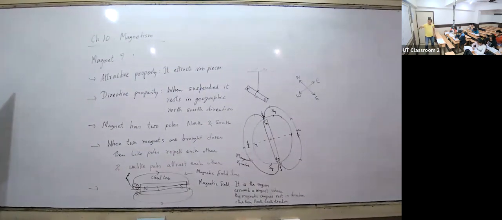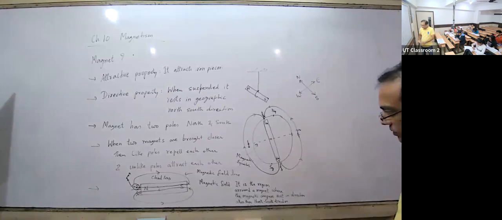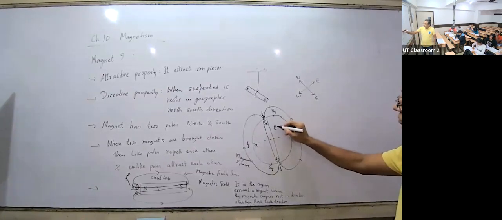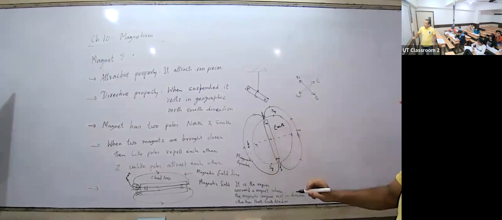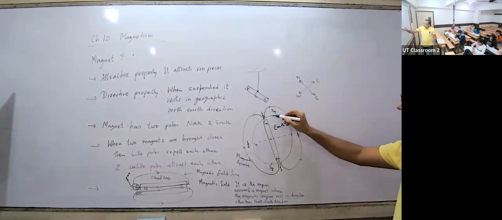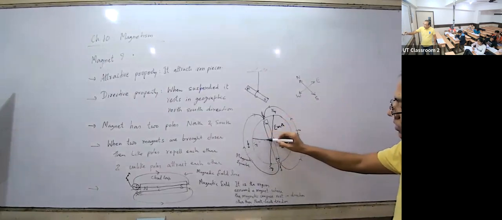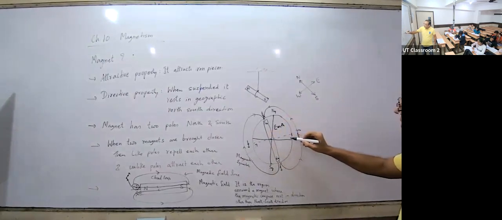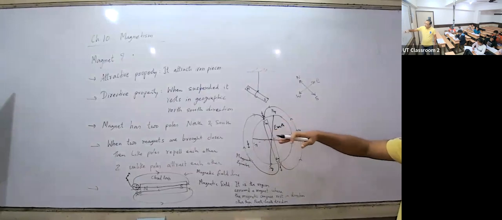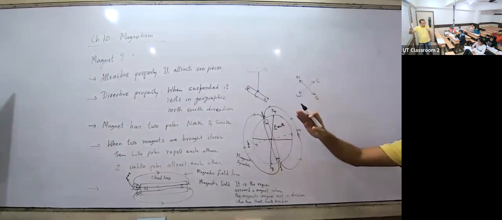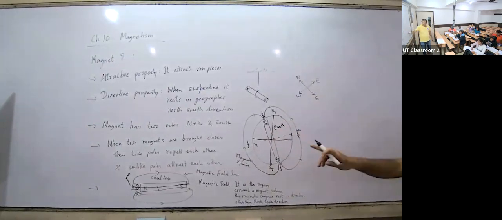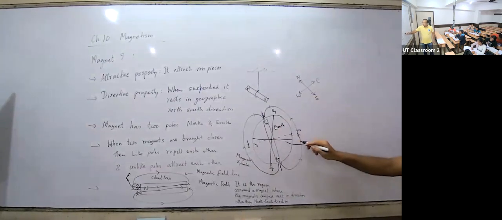So what you see here is Earth. So what is the geographic equator? The geographic equator is the line, this surface, which cuts the Earth into upper hemisphere and lower hemisphere. That is your equator, right?